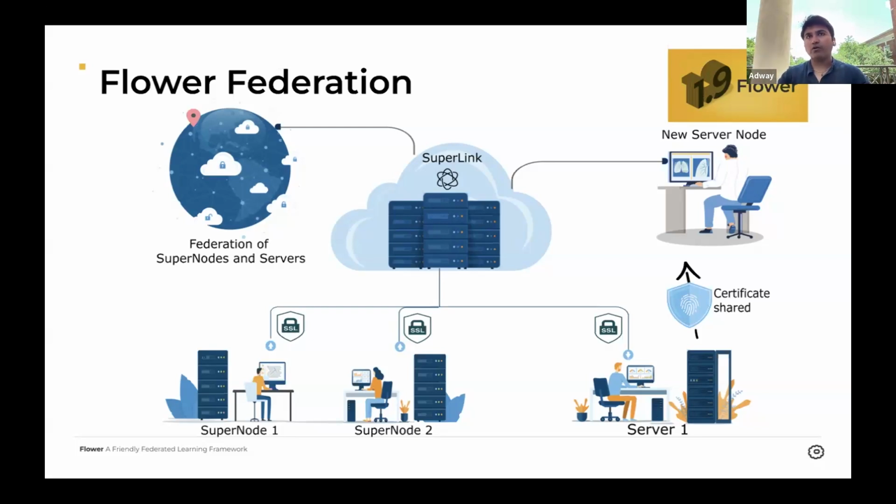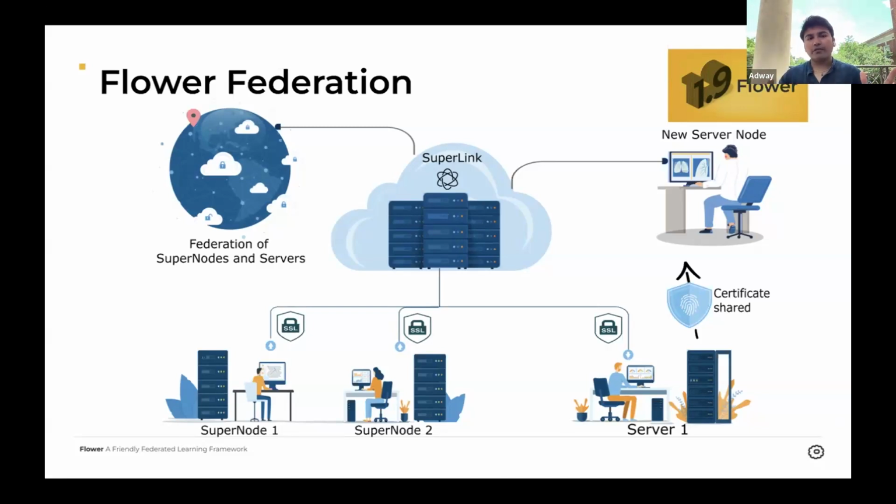But say you want to now share your models or the tasks that you trained with a new research lab. All you would have to do is just share your certificate with the other institution, and they can connect as a new server. When they do that, they will be able to download the best trained global model at the Superlink, and if they want to have their own set of clients, they'll be able to add them and support training for new tasks as well.